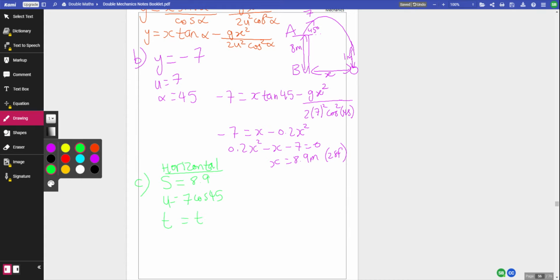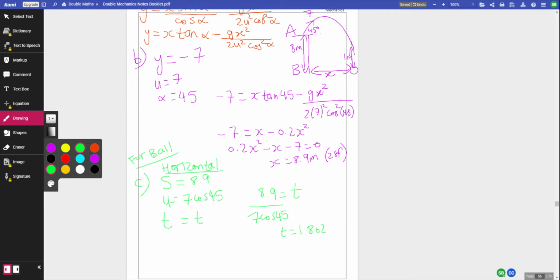So for the ball, t equals 8.9 divided by 7 cos 45, which means t equals 1.802 seconds.